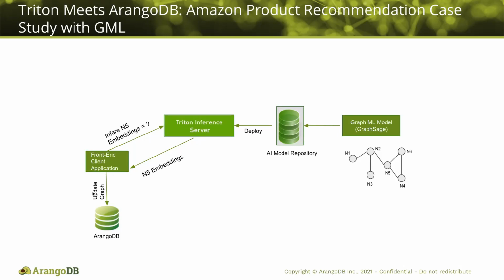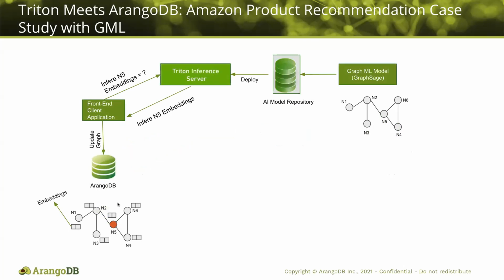What we do is update the graph, this Amazon product recommendation graph, with these newly added embeddings, because all of these embeddings which we generate are for the test data, and the test data is the data which we never see during training. We store the node representations for these test nodes and update the graph with this new node representation.